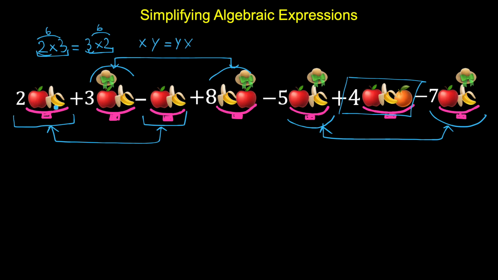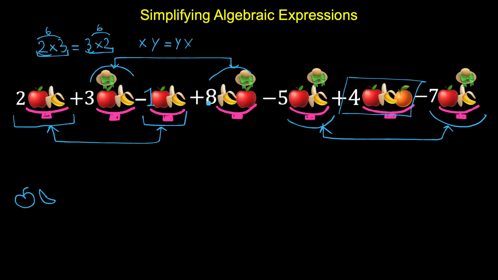2 apple banana minus apple banana, and remember that when we don't have any number here, we consider it as 1. So 2 apple banana minus 1 apple banana equals 1 apple banana. And for the next term, we have 3 apple with hat banana plus 8 banana apple with hat.